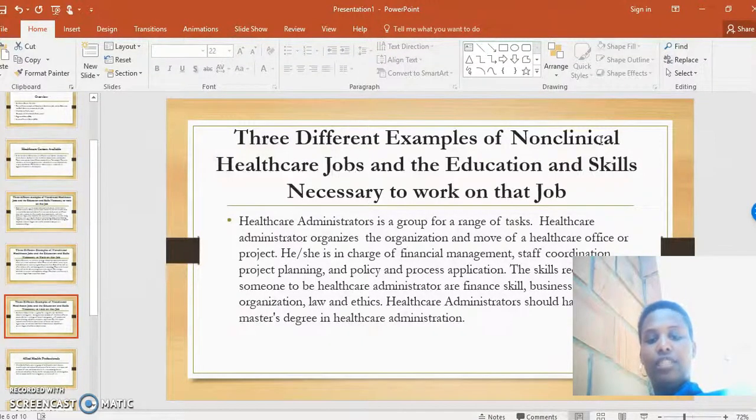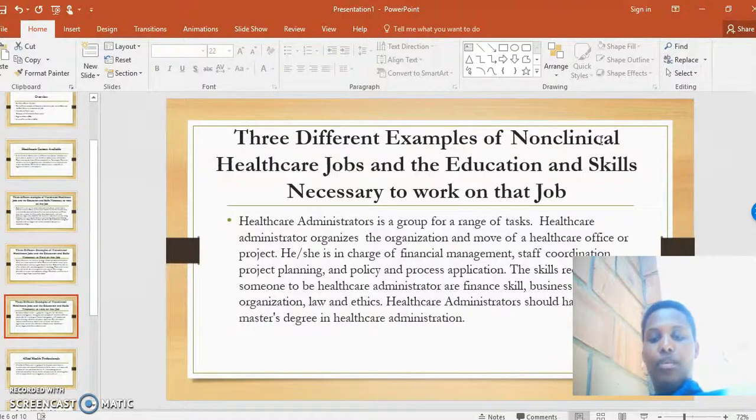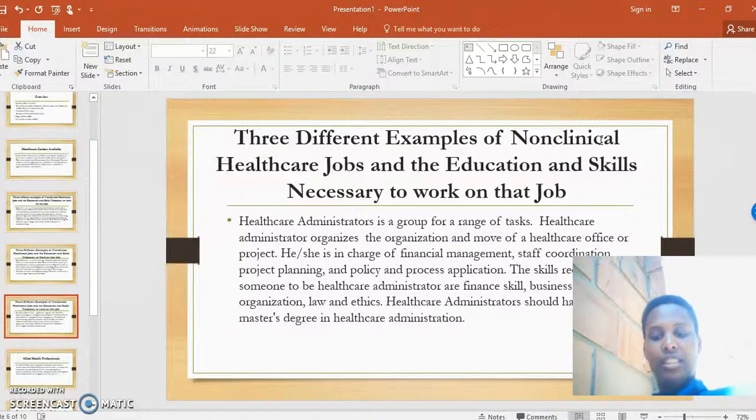Also, staff coordination: they organize or coordinate all employees in that industry. Also, she is responsible for project planning, like knowing the next step the industry will take, the next project that the industry has in order to improve or expand.